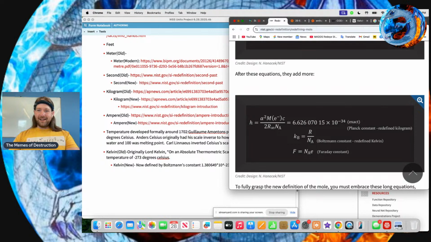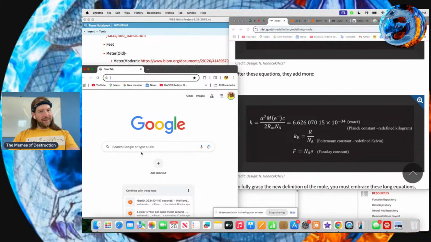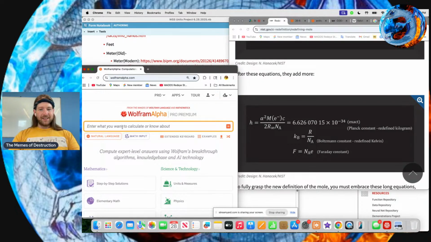Okay, hold on, let me go over here. We'll put this here. All right, so let's go to Wolfram Alpha. Fine structure constant squared.